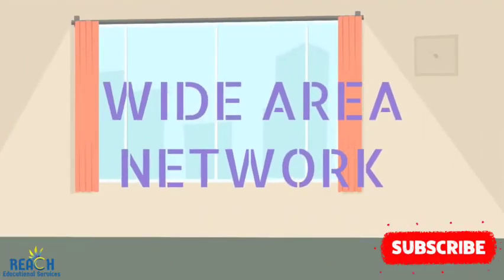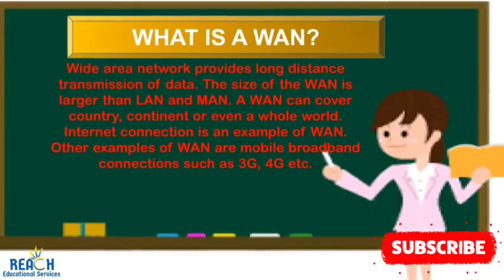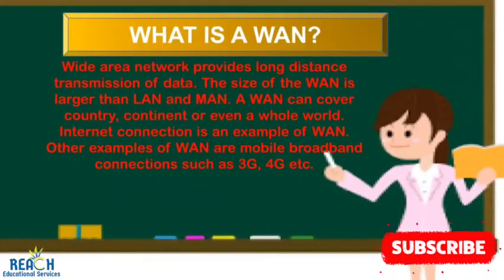Now we are down to the final furlong. Yes, wide area network. Let's go and look at what that is. Wide area network, as the name suggests, provides long distance transmission of data. Yes, the size of a wide area network is larger than both local area network and metropolitan area network. Wide area network covers countries, continents, and even the world.